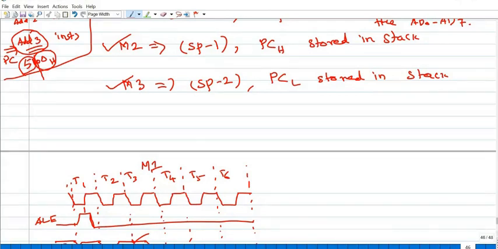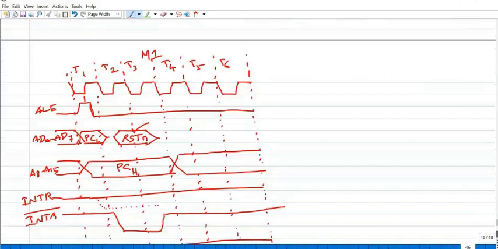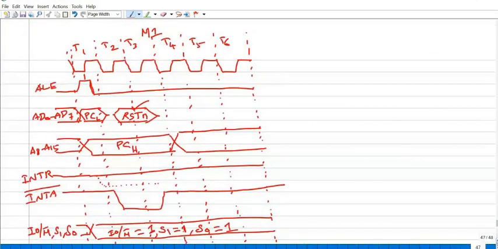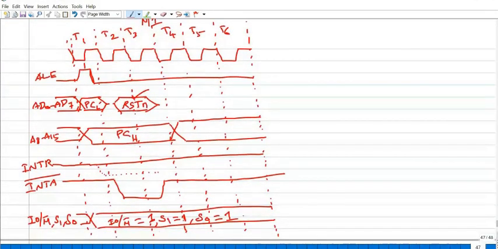So how many machine cycles do we need for a memory write operation? For memory write, how many clock pulses are needed for the microprocessor? 3, sir. 3 T states. So for storing the higher order address, we need 3 T states: T1, T2, T3.